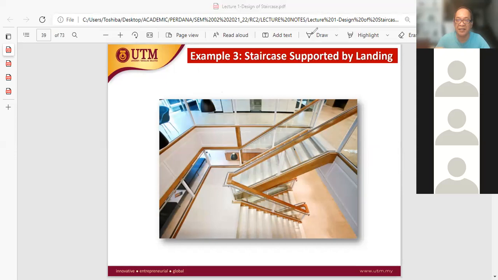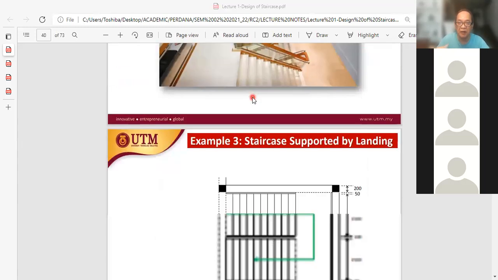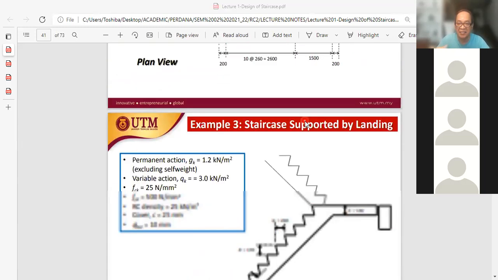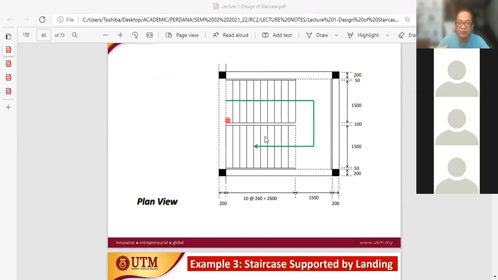I think that was the main point we were discussing. We now have a case where the staircase is supported by the landing.